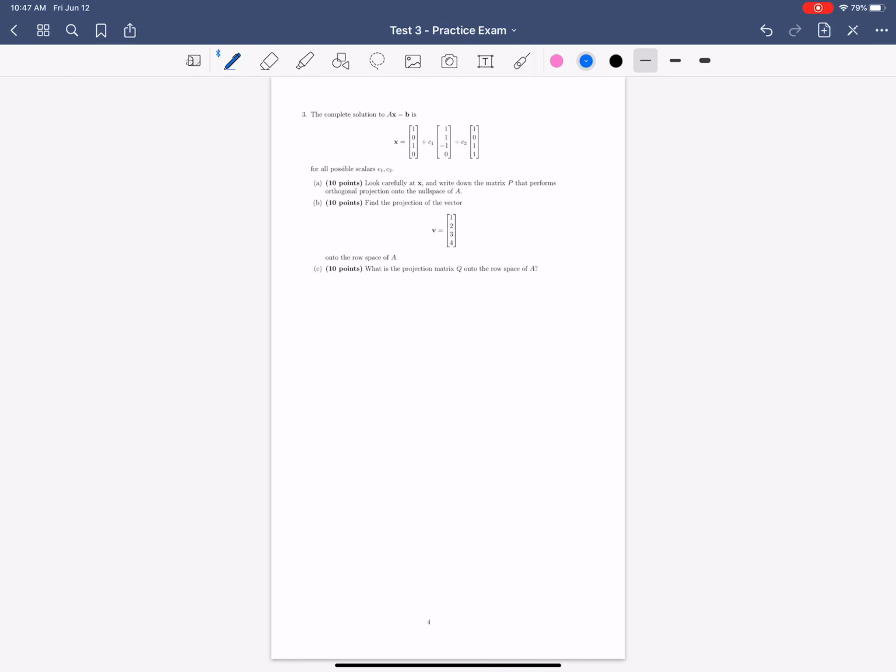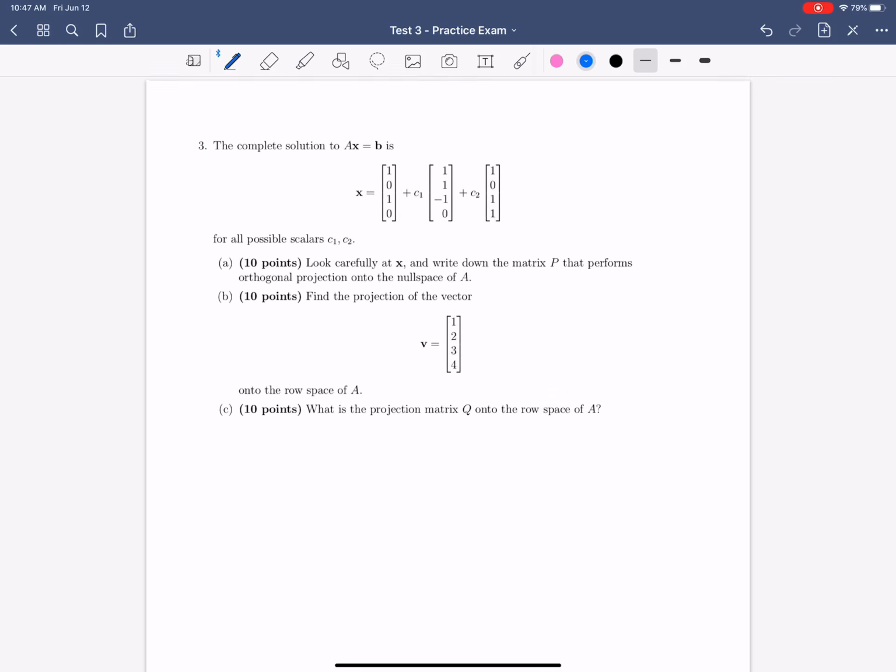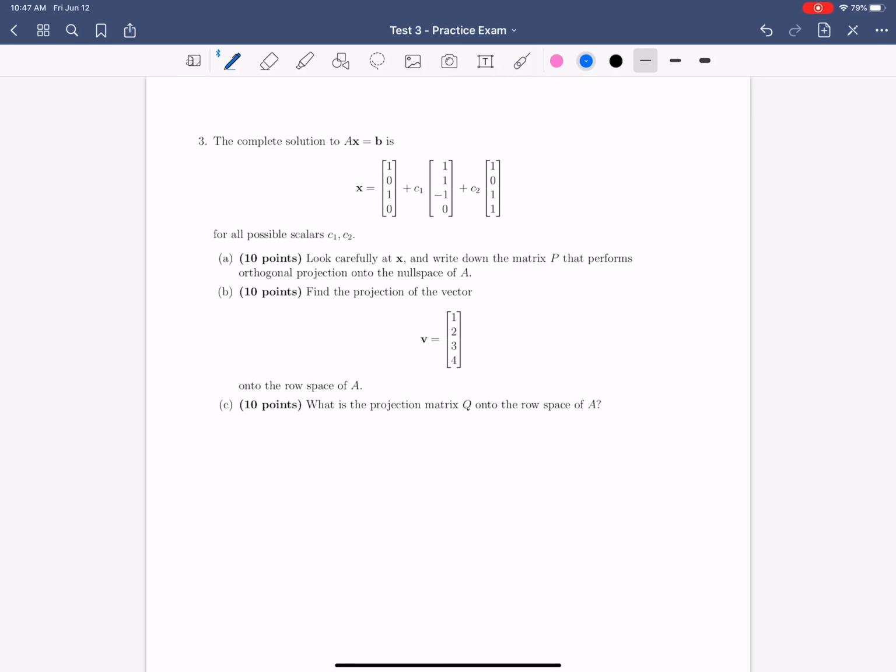Okay, moving on. Something more interesting, still using projections, but a little bit more advanced, I'd say. You actually had this vector x, you had this setup in the previous test. We're told that the complete solution to some system AX equals B is this vector x.